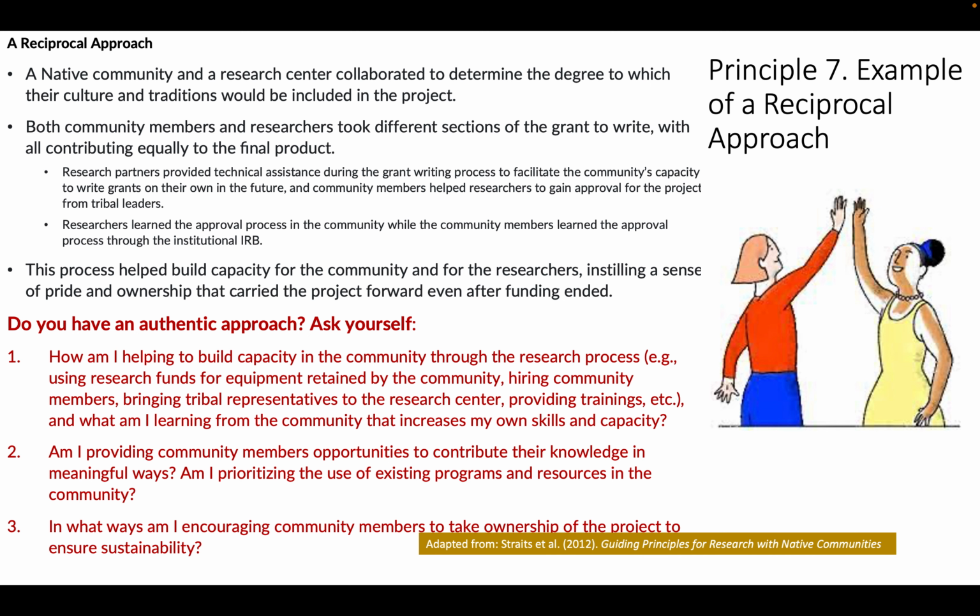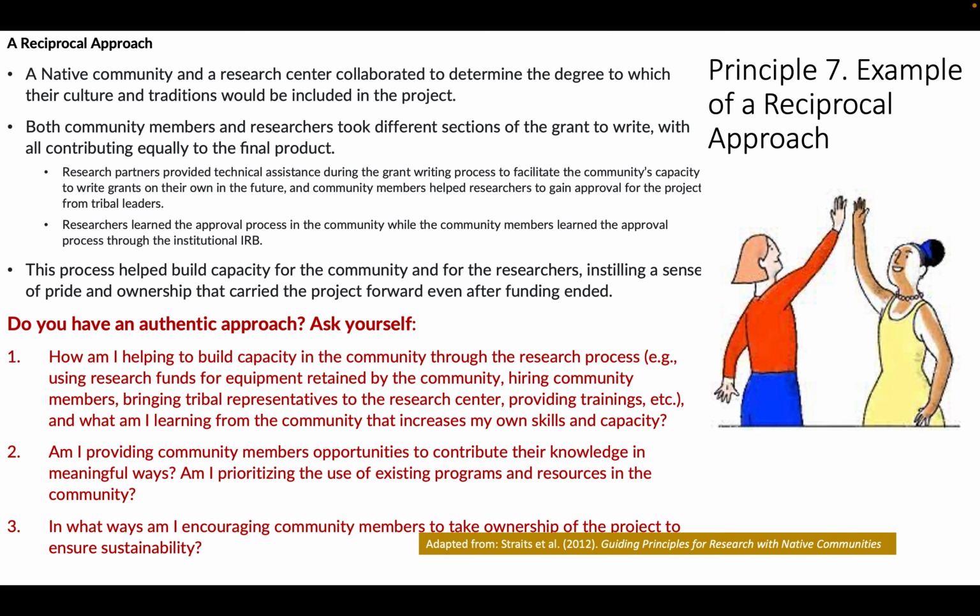And this is an example of a reciprocal approach. Native Community and Research Center collaborated to determine the degrees to which their culture and traditions would be included in the project. Both community members and researchers took different sections of the grant to write, with all contributing equally to the final product. Research partners provided technical assistance during the grant writing process to facilitate the community's capacity to write grants on their own in the future, and community members helped researchers to gain approval for the project from the leaders.